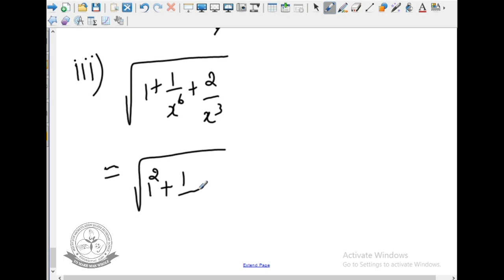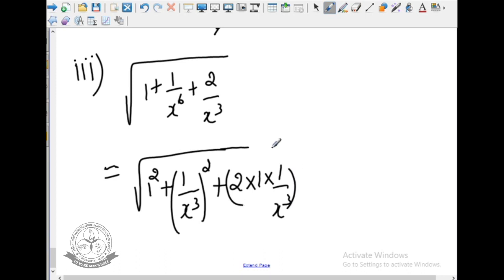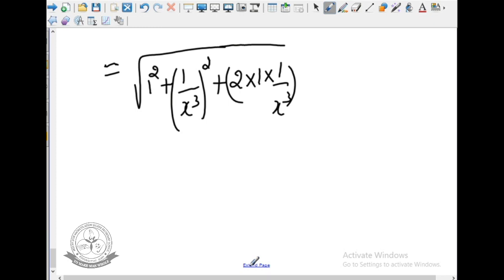So a is 1, so the b is 1 by x cube, right. So I am writing 1 by x cube the whole square plus 2 into a into b. So 2 into 1 into b is, here I am having 1 by x cube. If I simplify this one, I will get the question, right.